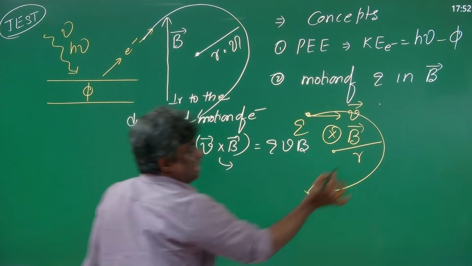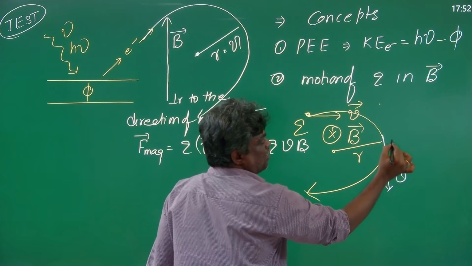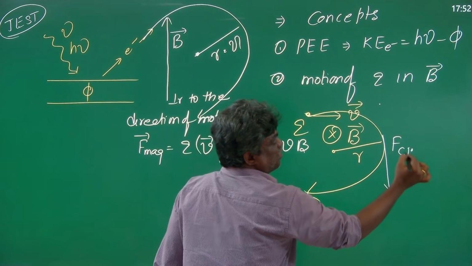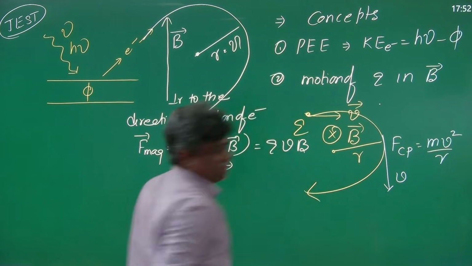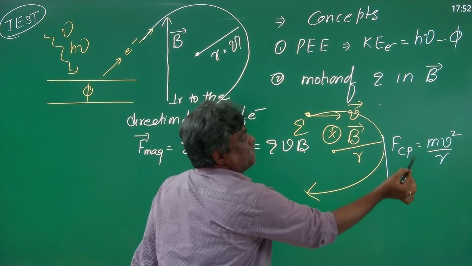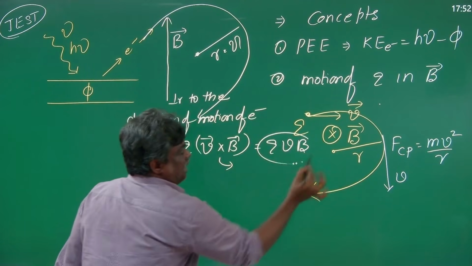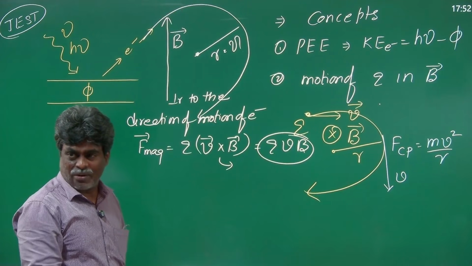Similarly, if you want to make a circular path, you need a centripetal force. What is the centripetal force? m v square by r. This centripetal force is supplied by the magnetic force. Yes or no? Yes.